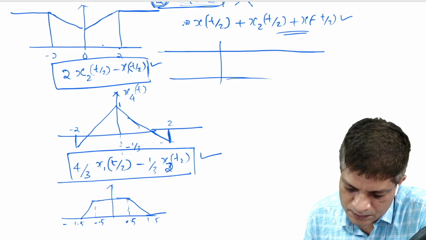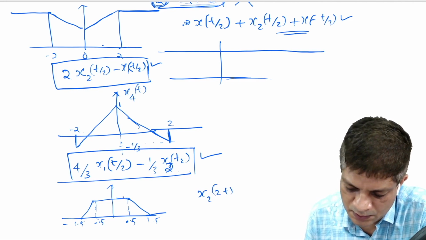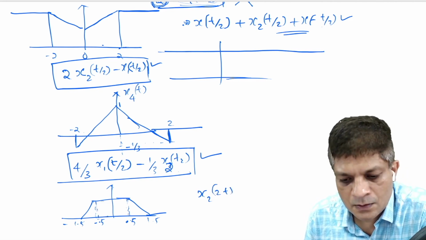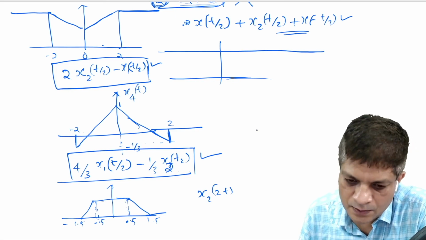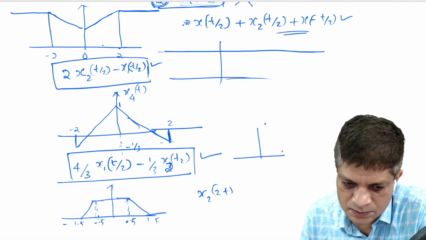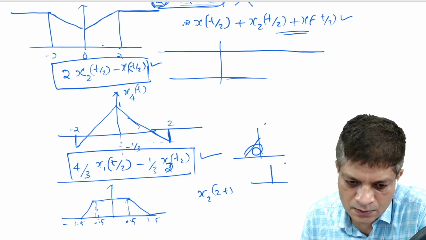So this part is x2(2t), isn't it? Yes, sir. This is x2(2t). Then what about, okay, let me draw it here. x(t) is this one, right?